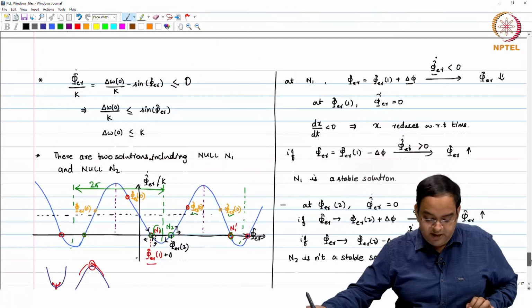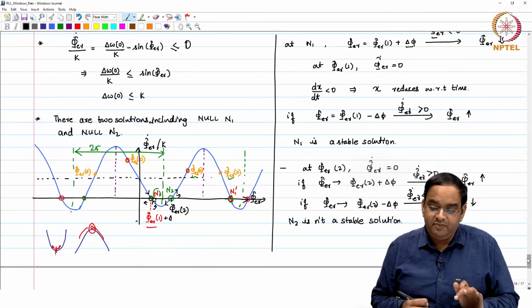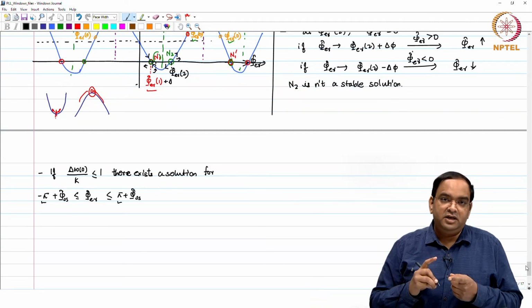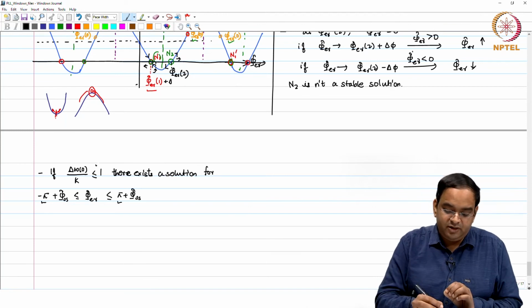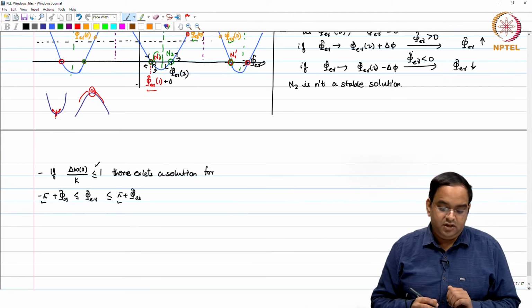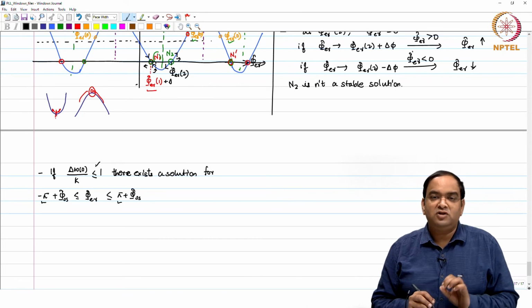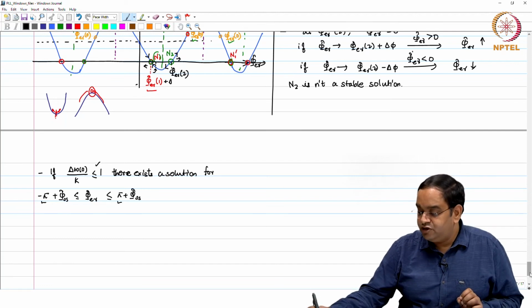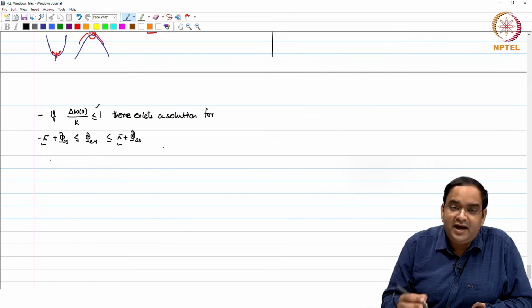In this type 1 PLL which we have been discussing, given the frequency error, if there exists a solution, which will be limited by delta omega 0 by k less than or equal to 1, the PLL will always lock without the phase error exceeding 2 pi, which means the phase error does not exceed 2 pi and the PLL locks.